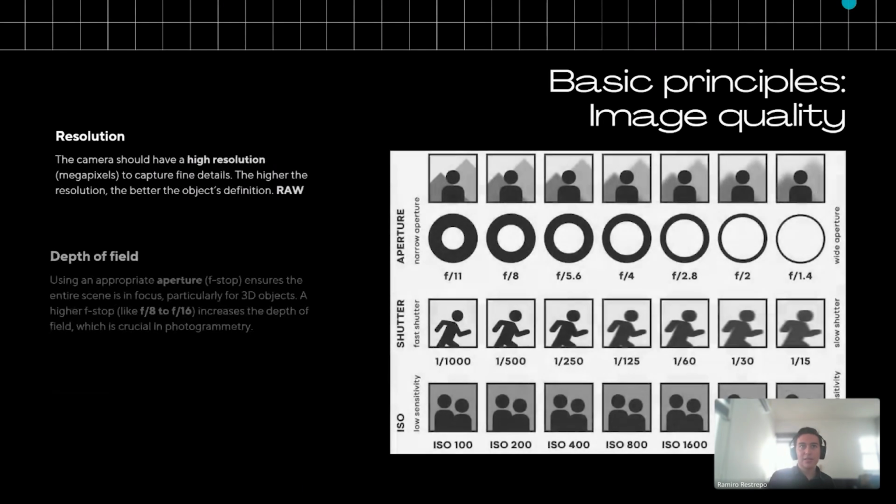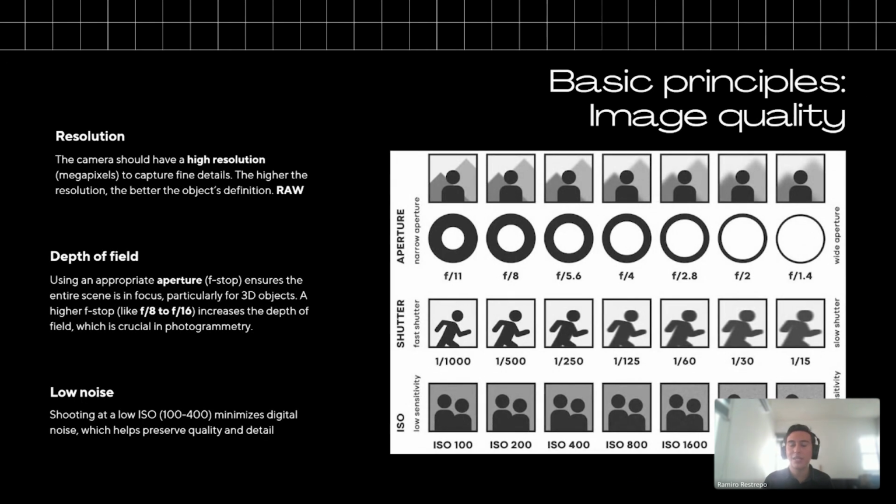As we said, the image quality is crucial for having good results in 3D. So some key aspects that we have to keep in mind are these. The resolution: you need a high resolution to capture all the details of your model or your scene.